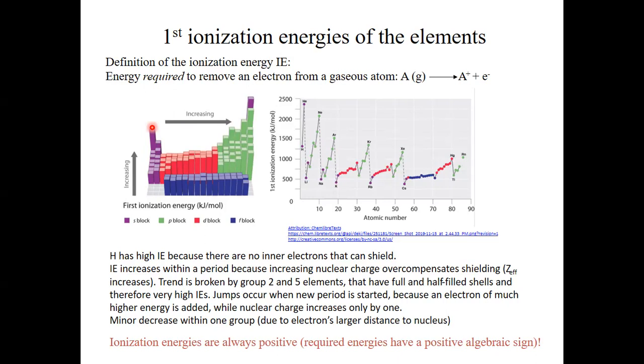For all other elements, this is no longer true, and for that reason, it is much harder to remove the electron from hydrogen in comparison to lithium and the higher alkali metals.